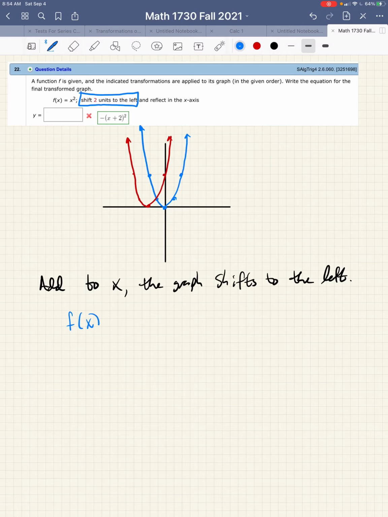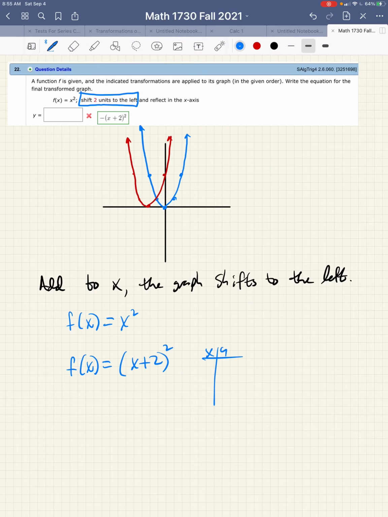Okay, so if that's the case, then the function f of x equals x squared should be shifted to the left by changing x squared to (x plus 2) squared. So that then would be the red graph that we drew. And we could verify that. We could plug in some values for x and see what happens for y.